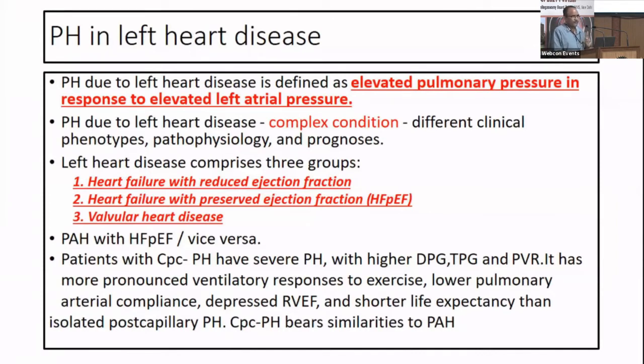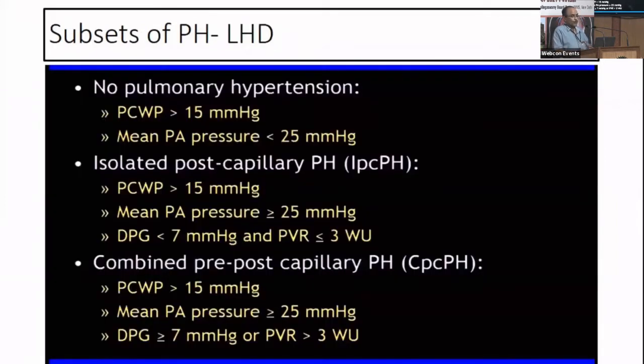However, there are 3 main groups, as has been highlighted here, and they can be associated with heart failure with reduced ejection fraction, or heart failure with preserved ejection fraction, or valvular heart diseases. Now, when we see these 3 groups, you may not have pulmonary hypertension, but when you have pulmonary hypertension, it can be isolated post-capillary pulmonary hypertension, wherein you have elevated pulmonary capillary wedge pressure, but the DPG, that is the diastolic pressure gradient, and the pulmonary vascular resistance are both normal.